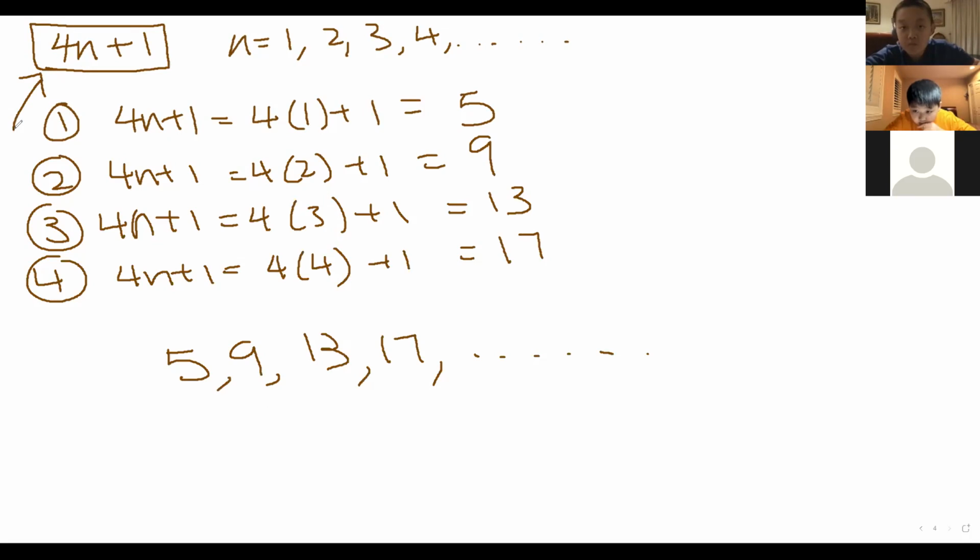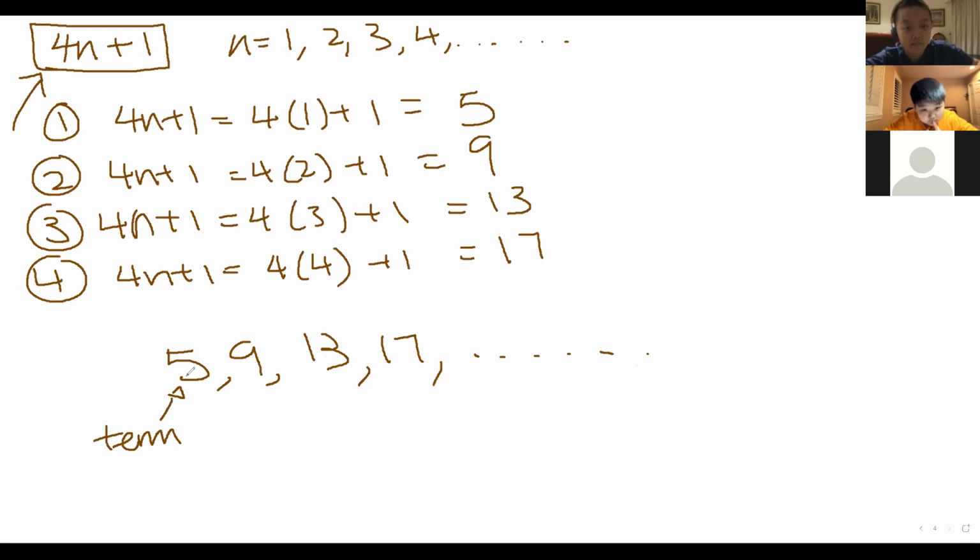So one other little tidbit: this is called a sequence of numbers, and each one of these numbers is called a term. The first number is the first term, the second number is the second term, the third number is the third term. So if I ever use the word term instead of first, second, or third number, you know what I'm referring to.